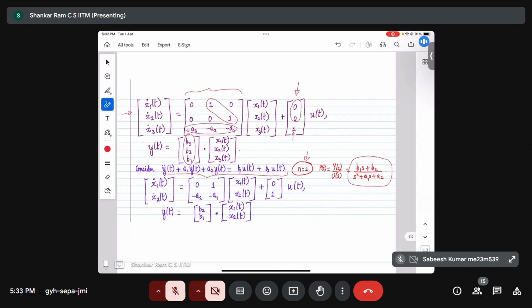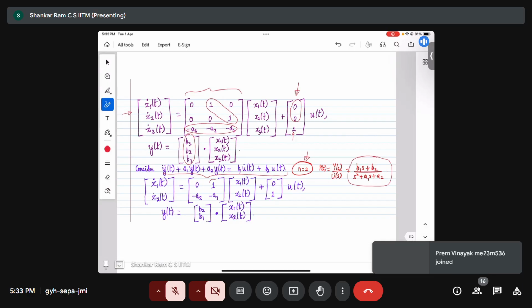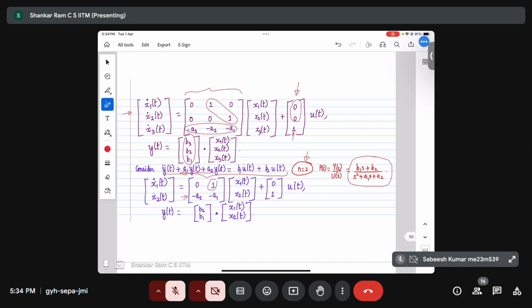The state matrix is a 2 by 2 matrix. The super diagonal term we write as 1. In the last row, we take the coefficients of the terms involving the output and its derivative from the right, but multiply by minus 1. So we first write minus A2, then minus A1. That's what we see in the last row.